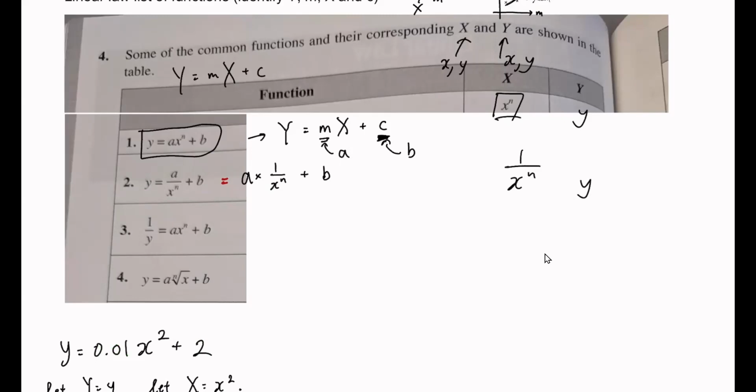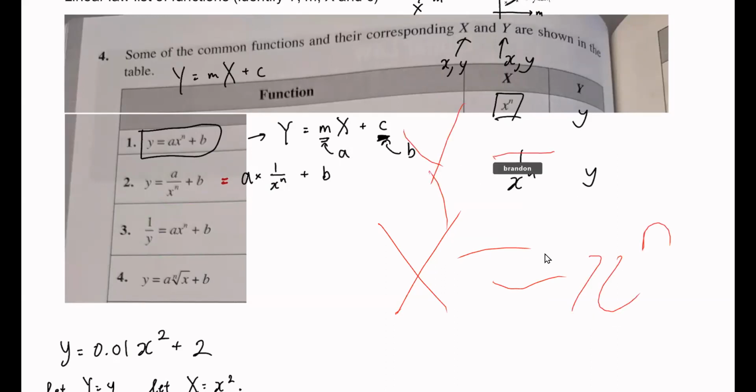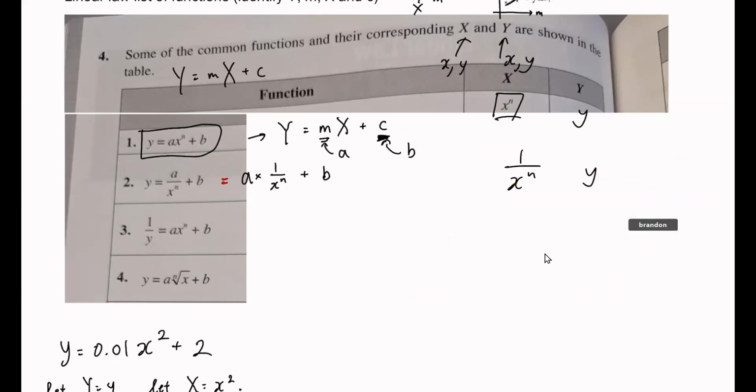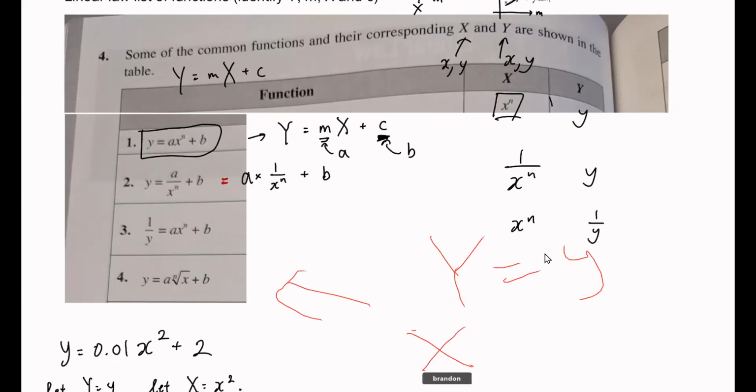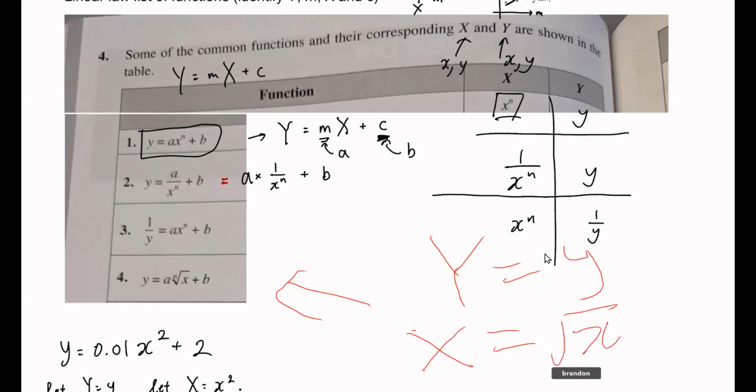Okay, next example. 1 over y equals ax power n plus b. Yeah, correct. Yes. So 1 over y is your capital Y. Then x power n is your capital X. We just draw out the table. Okay. This one, next one.